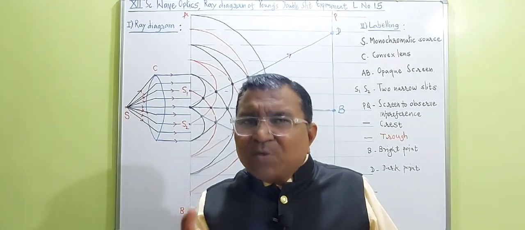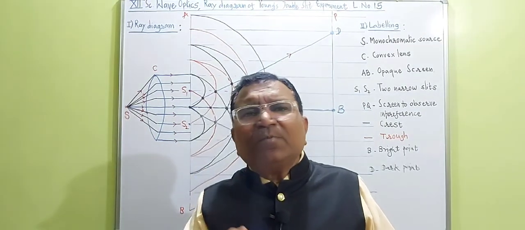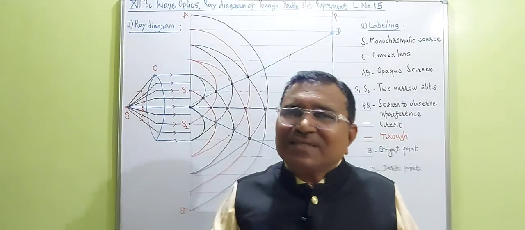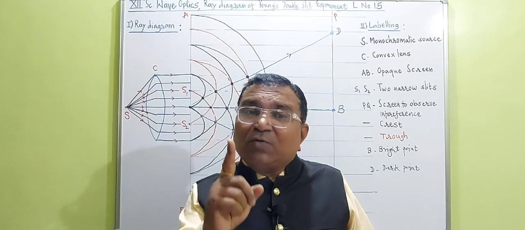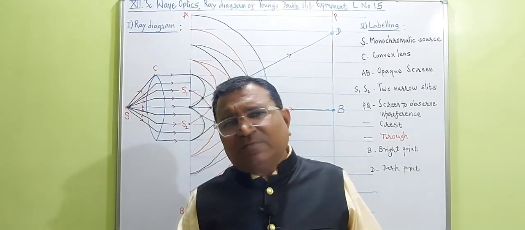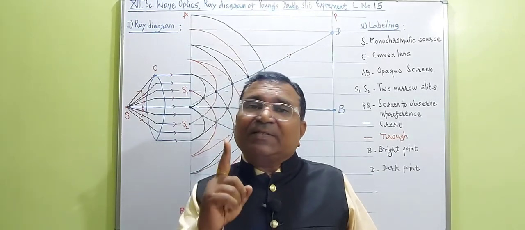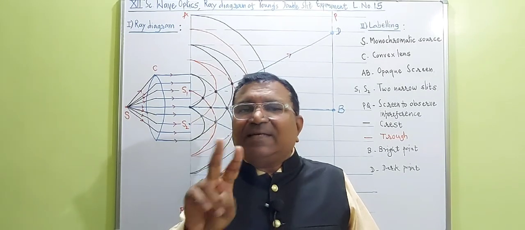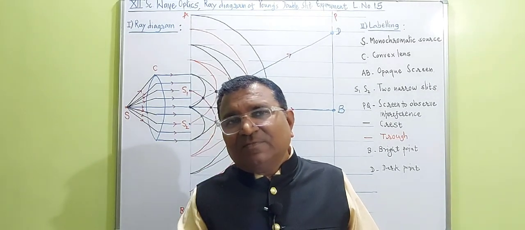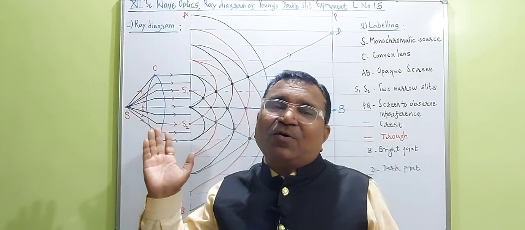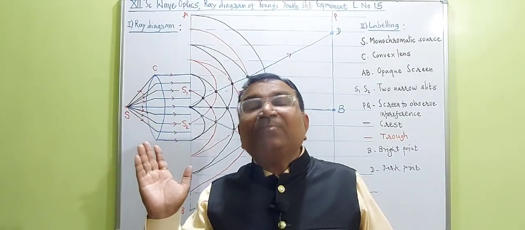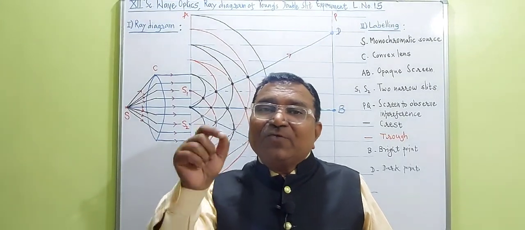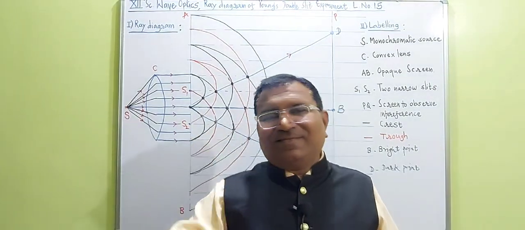Then write down the importance. What is the importance of Young's double slit experiment? This is the first experiment to observe an interference pattern. This is the first importance. Second importance is that with the help of Young's double slit experiment, it proves the wave nature of light.